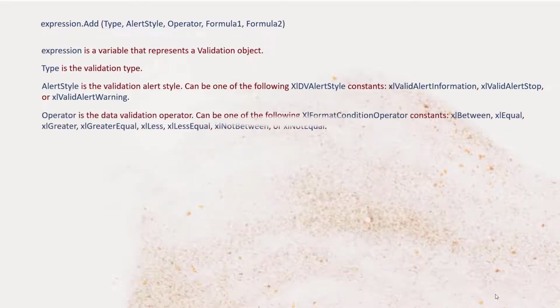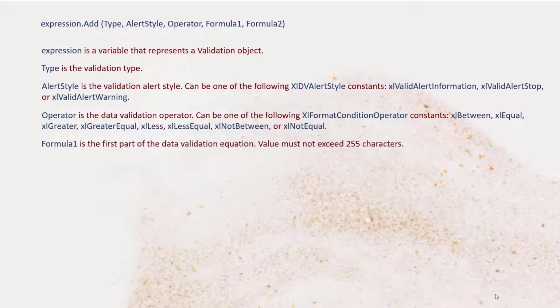Operator is also an optional parameter. The data validation operator can be one of the following Excel format condition operator constants: xlBetween, xlEqual, xlGreaterEqual, xlLessEqual, xlNotBetween, or xlNotEqual. We will be using some of these in the demonstration.